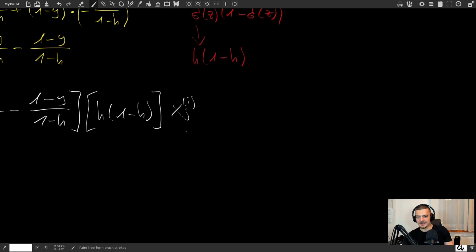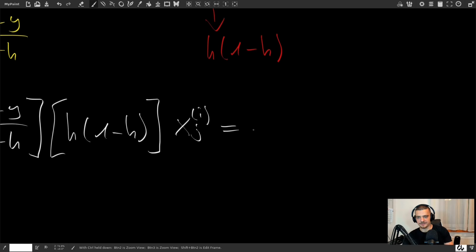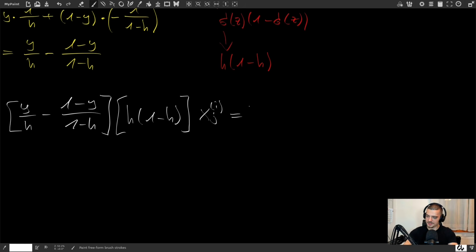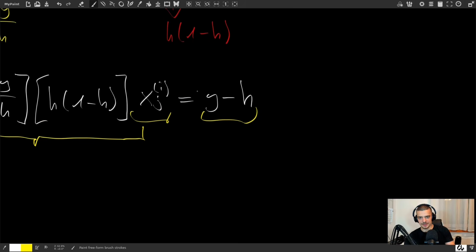And this, again, I'm not going to do it here on screen because it would just waste time, but the simplification of that, and I've done it here on paper, what you get out in the end, this is very convenient, is you just get y minus h, at least for the left part. So this here simplifies to y minus h, and this here then is still an addition, so we get y minus h times xj of I.